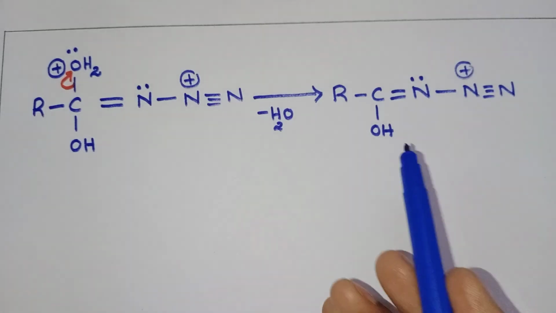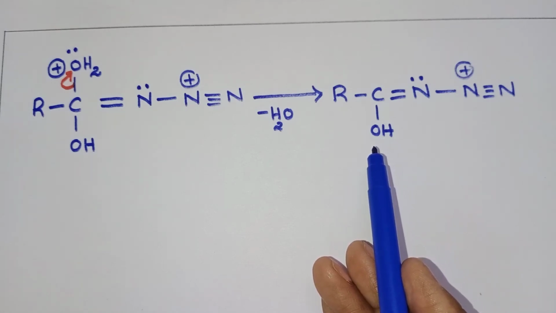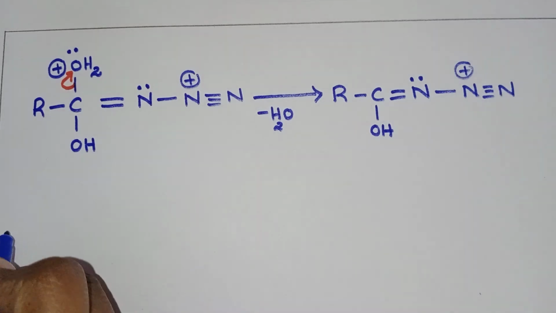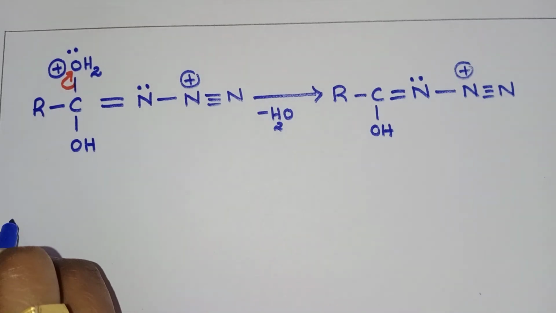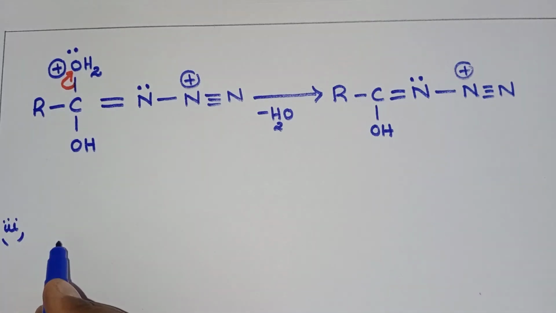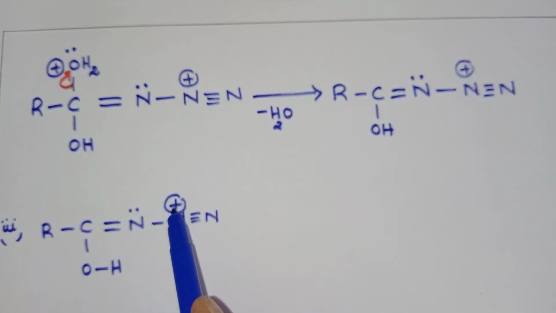Okay. Now, this will be involved in the third step. Shall we do the third step? Write down. Put here number 3. Copy the same product here. So, I have written here, students, R, C, double bond, N, triple bond N, positive charge here.